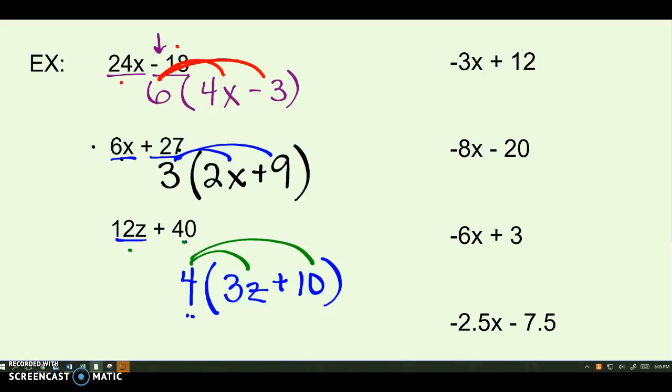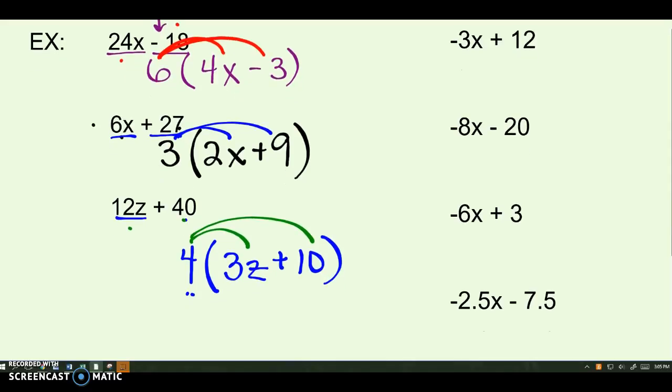Another kind of example is if you have a negative out front. So we're looking at these over here. A negative 3x plus 12. Well, when you factor, you don't want to have negatives right here in your parentheses. So we don't want that first term inside the parentheses to be negative. So that means I have to pull the negative out front.